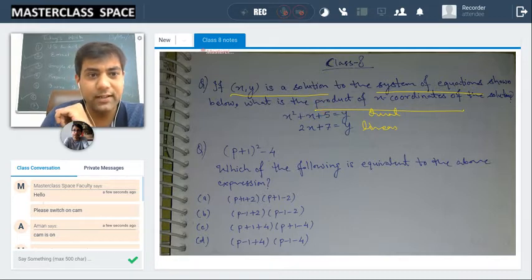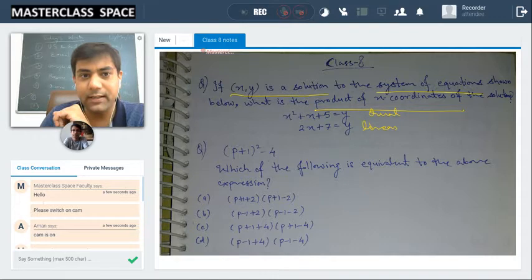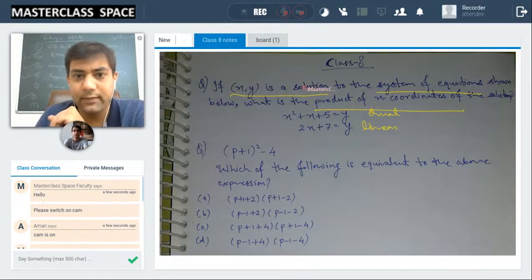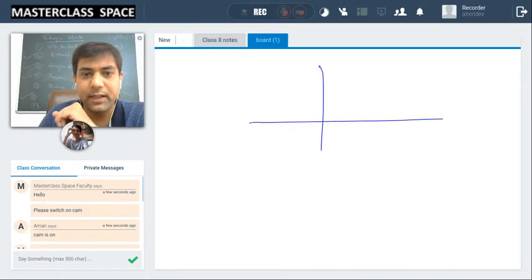So it is something like this. Can you see? I show you. You have y equal to 2x plus 7. Y equal to 2x plus 7, and when x equal to 0, y equal to 7.